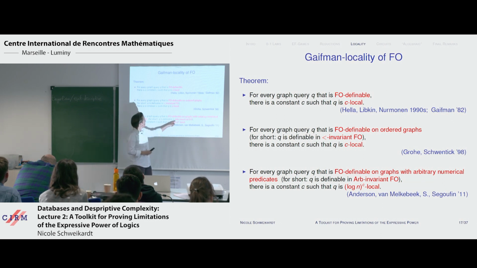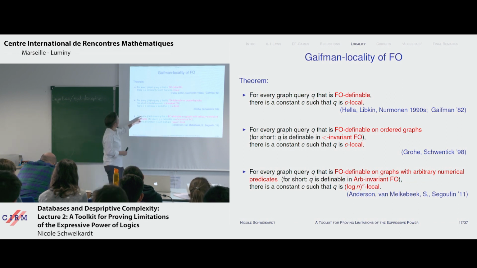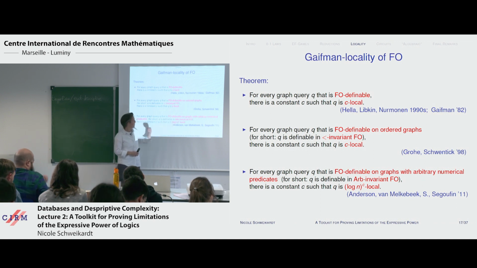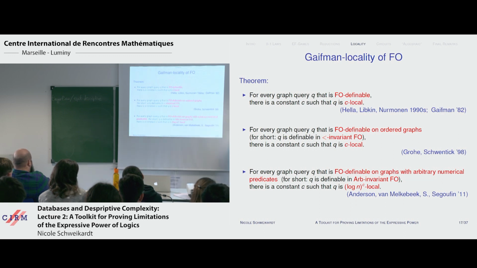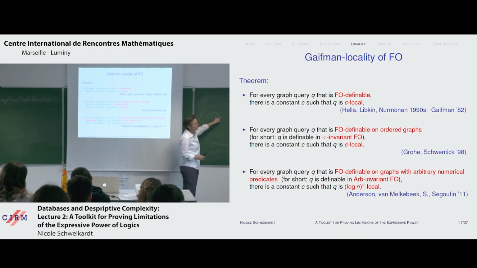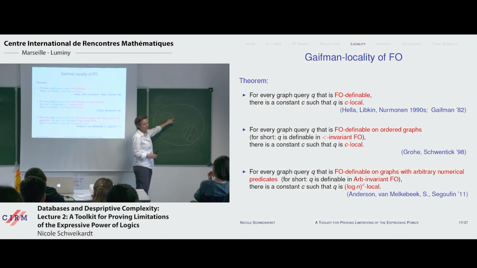We call this arb-invariant, for arbitrary numerical predicates, but they have to be used in an invariant way. For every graph query Q that's first order definable in this way, there is a constant C such that the query is (log n)^C-local. So what does this mean? If the graph has n nodes, the radius of the neighborhood is polylogarithmic in the number of nodes.